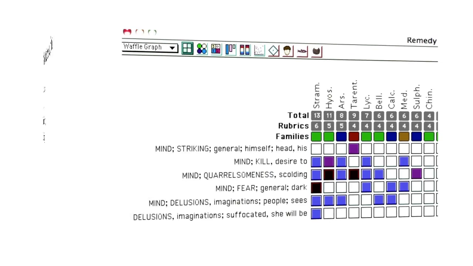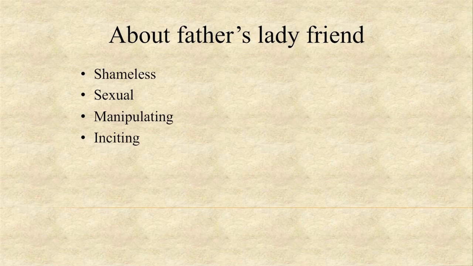Now, we see how she describes her father's lady friend, and she calls her shameless, sexual, manipulating, and inciting. One of the things that I guess you know very well and that I have seen in my practice very often is that when someone describes someone else, he is usually reflecting qualities of himself, in a way a kind of projection.